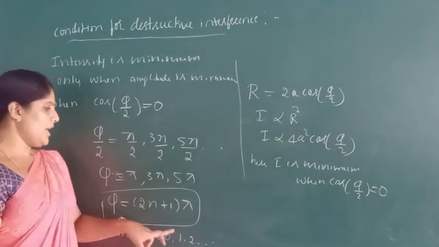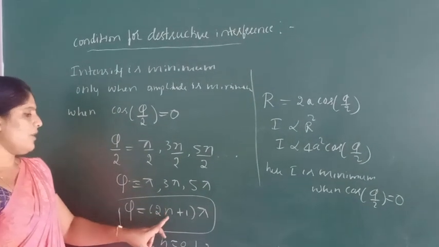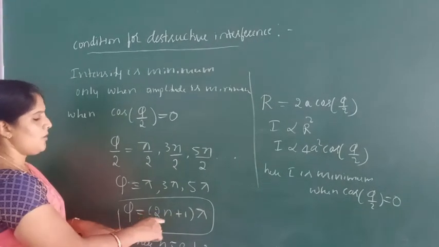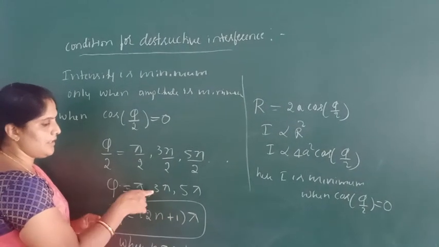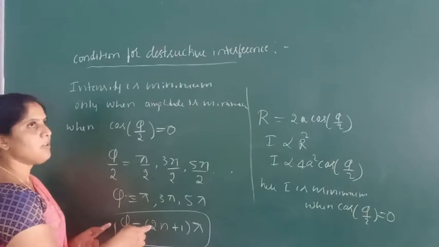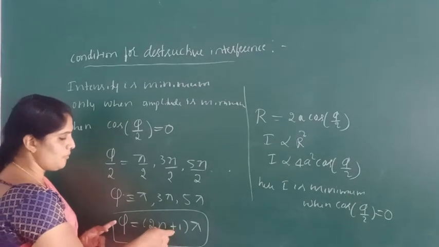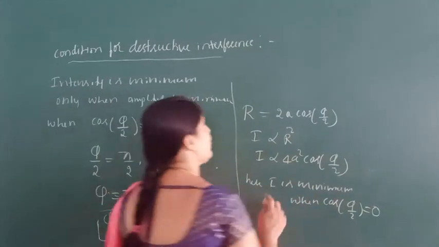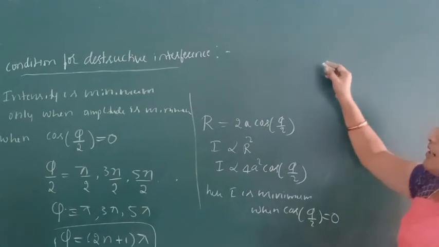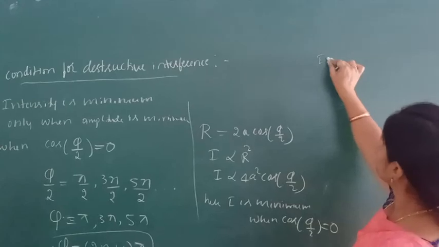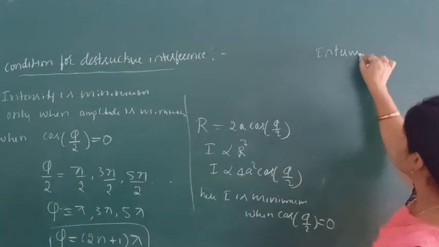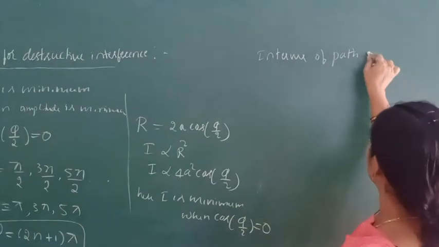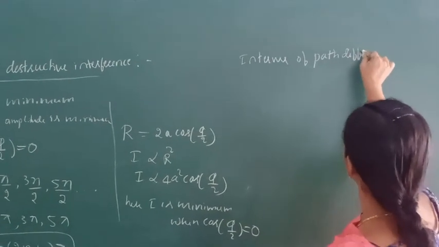If you put n is equal to 0, then you will get pi. If you put n is equal to 1, you will get 2 into 1, 2 plus 1, 3, that is 3 pi. If you put n is equal to 2, you will get 2 into 2, 4 plus 1, that is 5 pi. Like that. Next we will write the condition for destructive interference in terms of path difference.